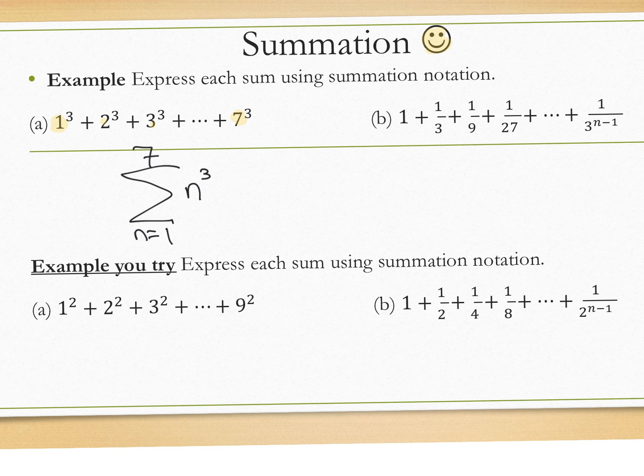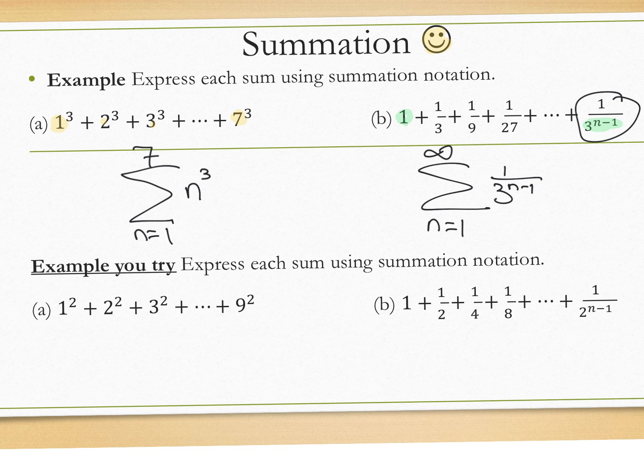Let's look at B. So if we look at B, notice we start at 1 and we stop with a 3 to the n minus 1 power. Because there is no n term, this is an infinite sequence. We are still starting at 1, and this actually is our summation.